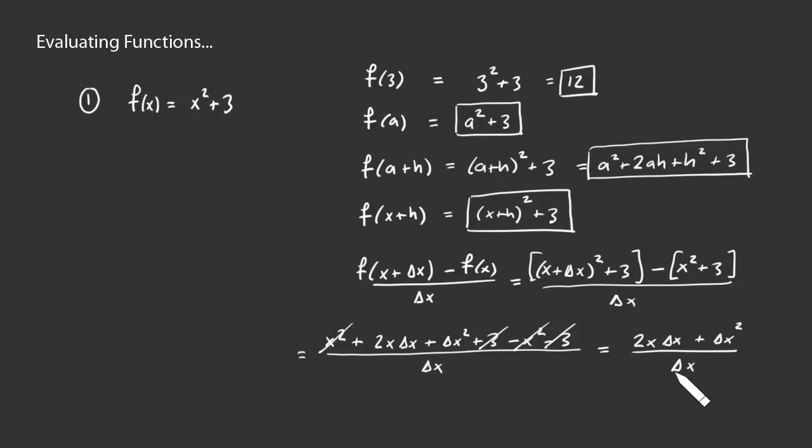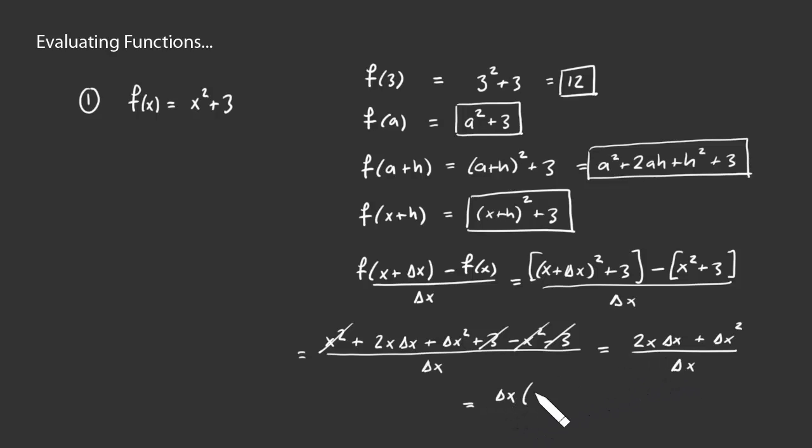Notice all those delta x's. As long as we're assured that delta x is not 0, and we didn't say that explicitly in the problem, but let's make that assumption at this point right now. As long as we're assured that delta x is not 0, and so this is defined, notice I've got enough delta x's up top here, I can pull that out as a factor and then cancel it with the one below.